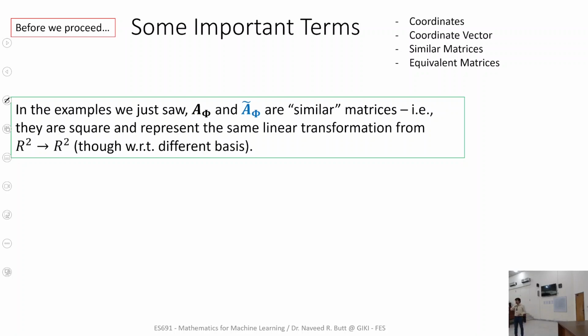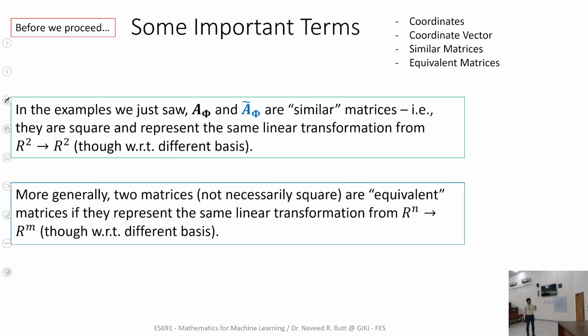There is another definition coming up which is taught in undergrad, right? But there is this story behind it. So what are these two? They are transformations from the same vector space to the same other vector space, but with respect to different bases. You can make as many as you like between those two. So these are similar when they are square.